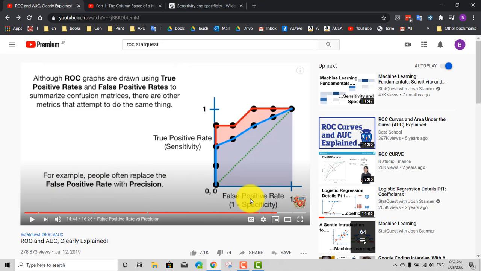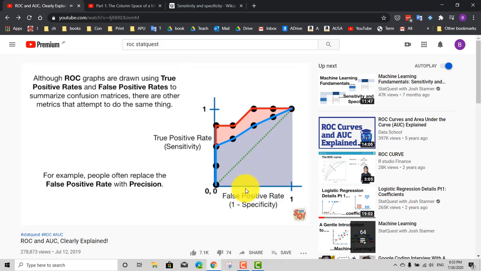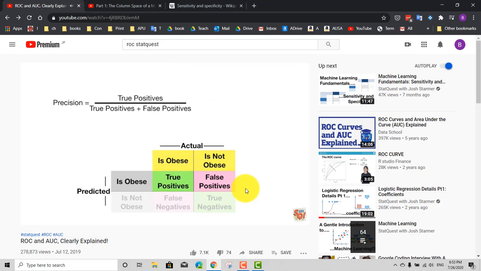Precision is another measure that is in that Wikipedia page. Precision is the true positives divided by the sum of the true positives and false positives.